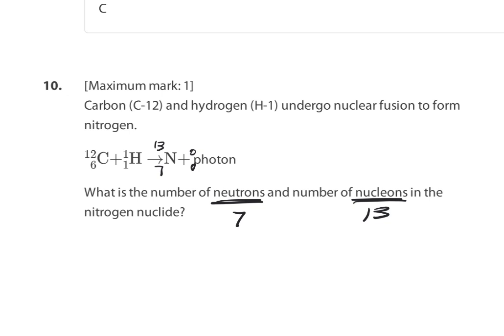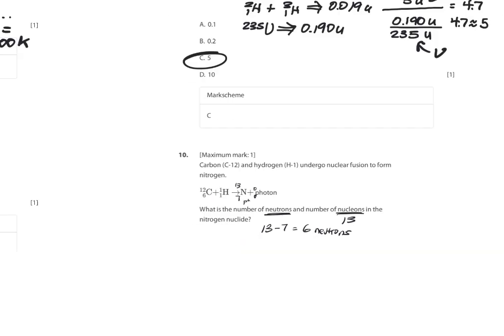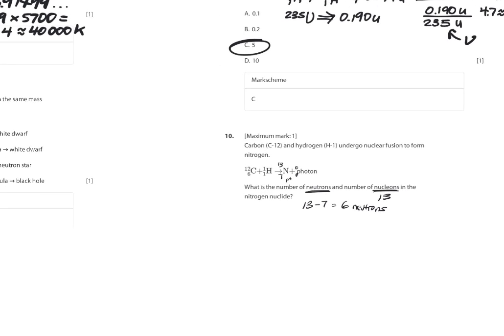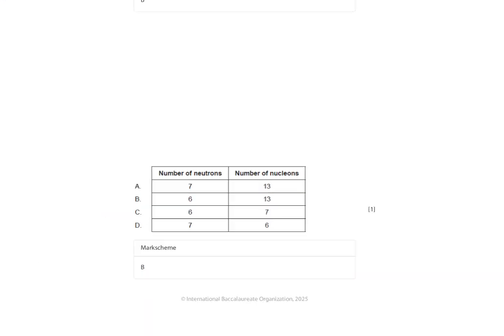Wait, no. Right, the number of protons is 7. And so the nucleons is 13 minus 7 for the protons, which gives 6 neutrons. Read carefully. I almost said 7. So we have 6 neutrons and 13 nucleons.